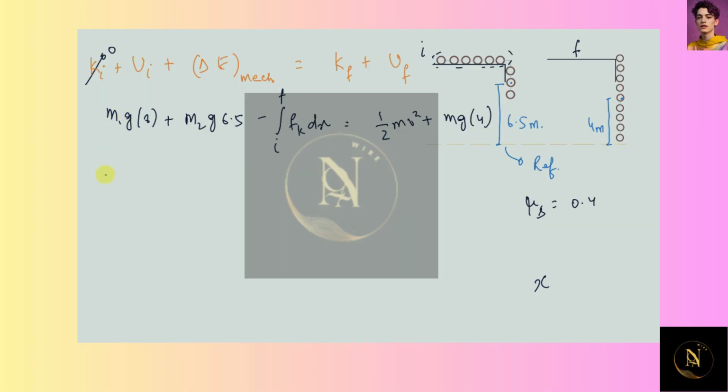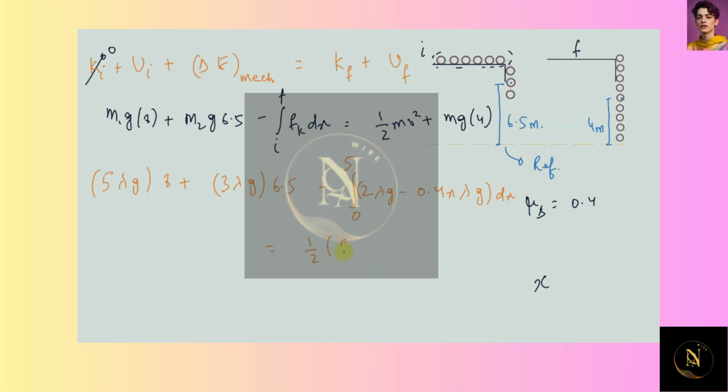So m1 is 5 lambda g because initially this length was 5, so mass would be 5 times lambda, so 5 lambda g times 8 plus 3 lambda g times 6.5, because m2 would be 3 lambda, minus integral from the initial position, when x equals 0, to the final position, when x equals 5, of fk, which we have already calculated, its value is 2 lambda g minus 0.4 x lambda g times dx, and that would be equal to 1 by 2 times the total mass.